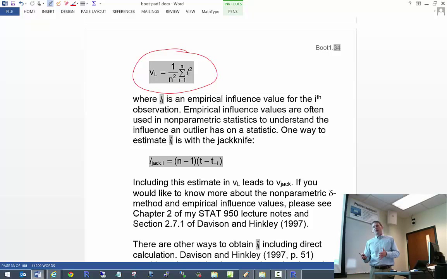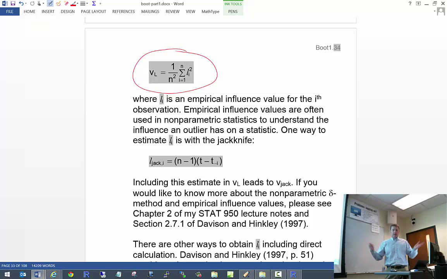Empirical influence values show up in the area of non-parametric statistics, and specifically in studying what's called robust statistics. What they basically represent is a way to understand the influence an outlier has on a statistic. So, for example, if you're using the mean or the median, you would expect an outlier to have more of an effect on the mean than on the median. This can be represented in numerical form by calculating these empirical influence values.